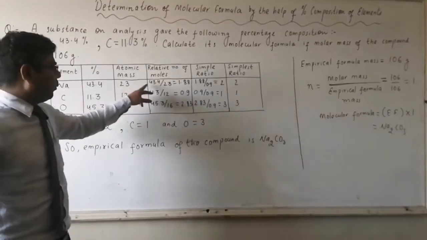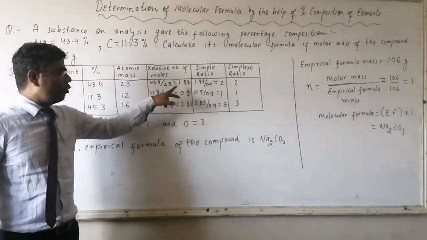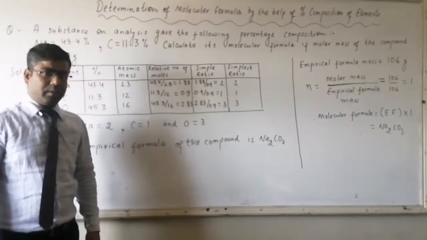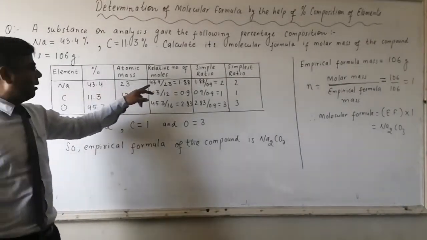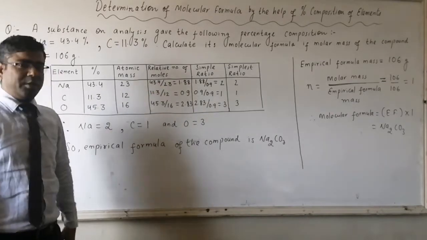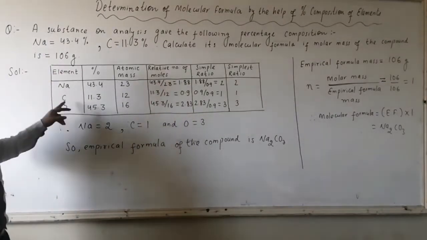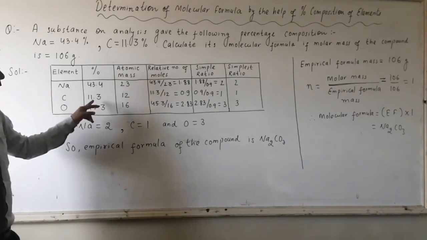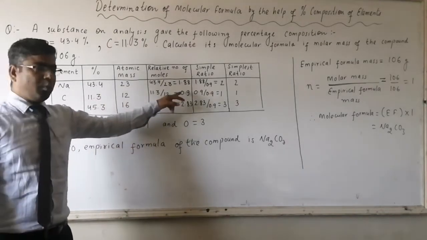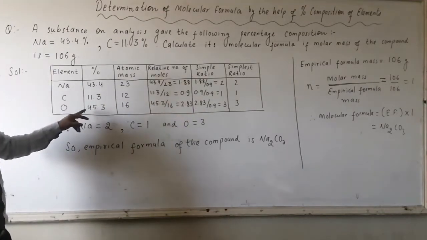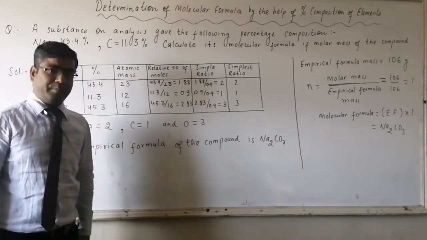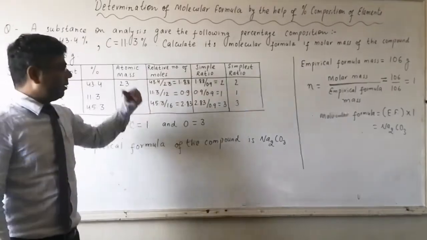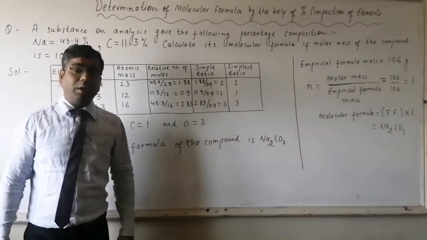So 43.4 divided by 23 gives you 1.88. 43.4 is the percentage composition of sodium, and atomic mass of sodium is 23. Now for carbon it is 11.3 divided by 12, which gives you 0.9, and for oxygen 45.3 divided by 16 gives you 2.83.